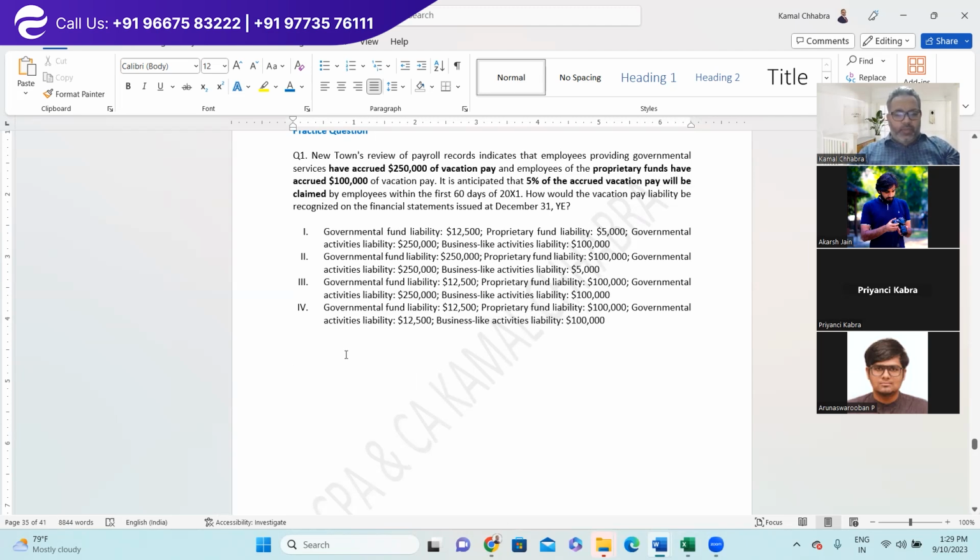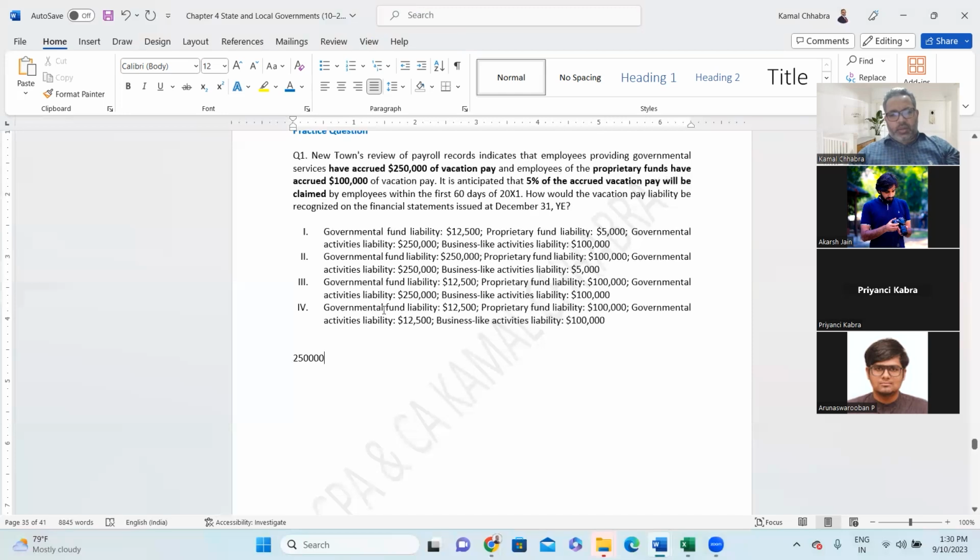So the first one is 250,000. What they are saying is that Newtown reviewed the payroll records, which indicate employees providing governmental services. This will go to the governmental activities. Let's check what the governmental activity amount should be, and then among the four options only two will remain, I think. This is going to be in the proprietary fund liability.